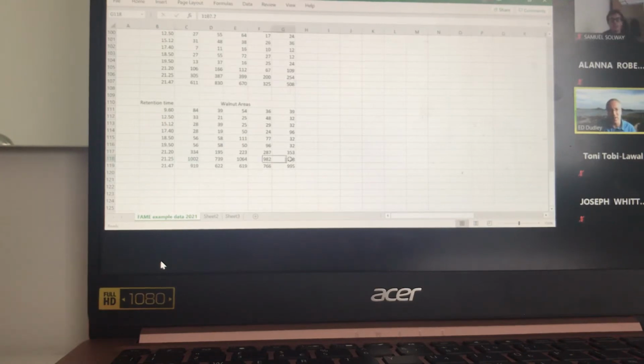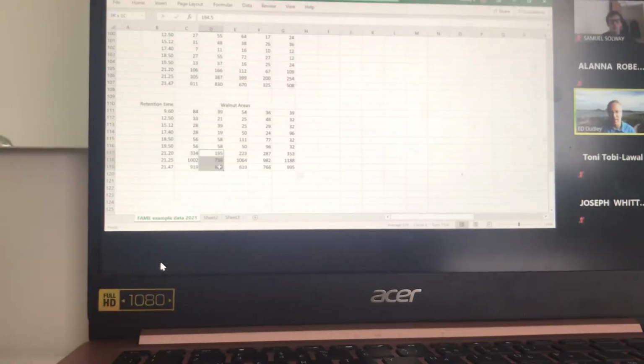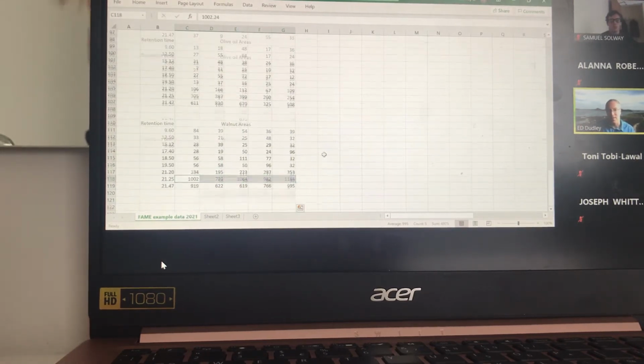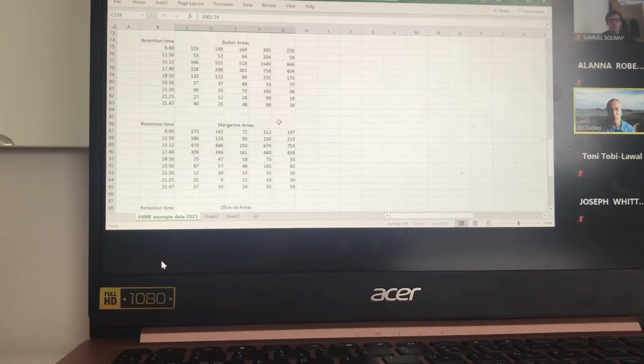That's because this extraction here worked a lot more effectively and put out more fats than this extraction here. Generally, the numbers here are larger in this one than they are in this one. And that means you can't take the average of those as they stand. It would make no sense. So you've obviously extracted more fat in some samples than you have in others, or some extractions for the same sample than you have in others.